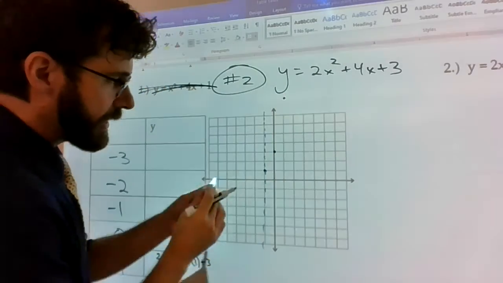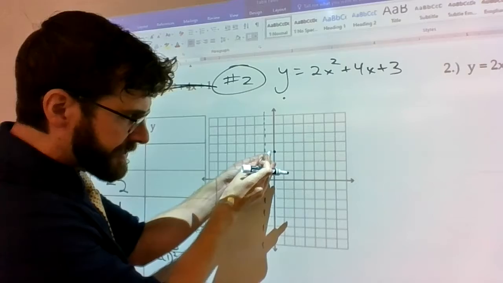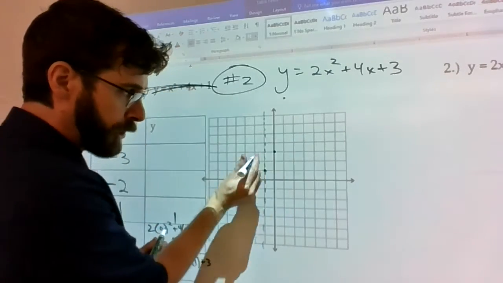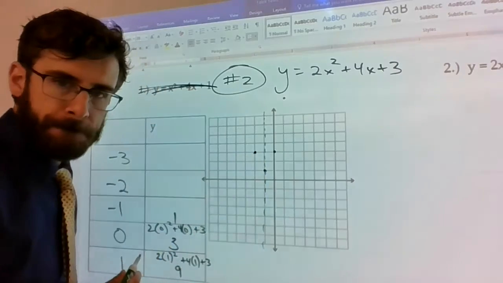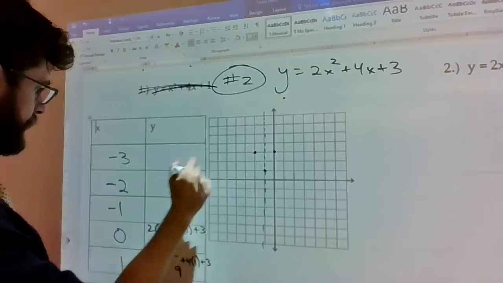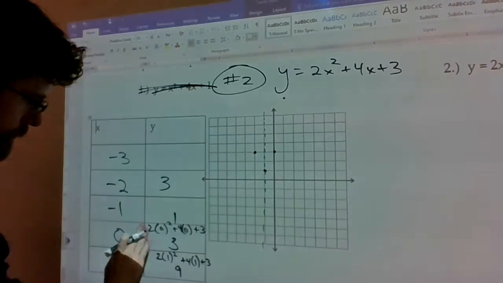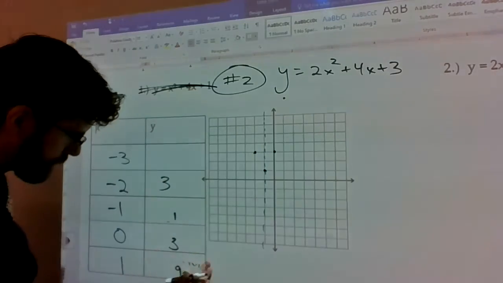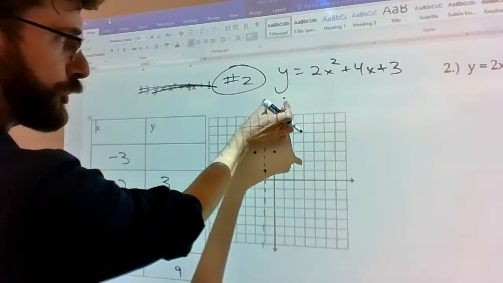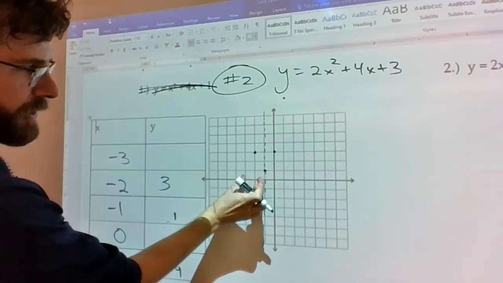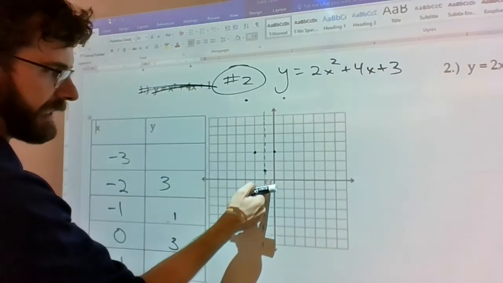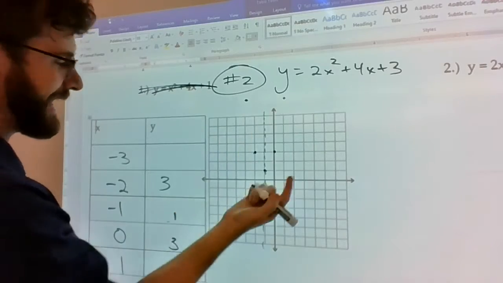Okay. So again, you are 1 unit from the axis of symmetry, so you're going to go 1 unit left in the same vertical location. So that would be negative 2, up 3. And then for negative 3, you're 2 away from the axis of symmetry up here, so you're going to go 2 away from the axis of symmetry up there. And you've got left 3, up 9.